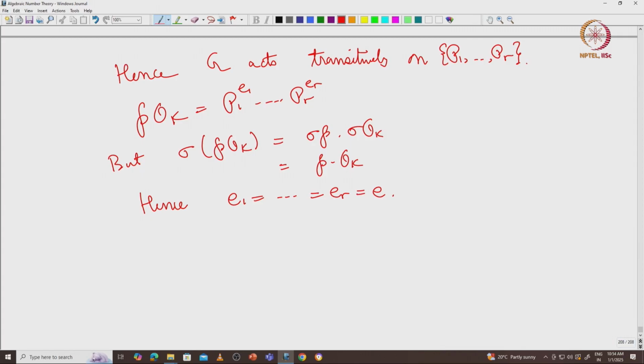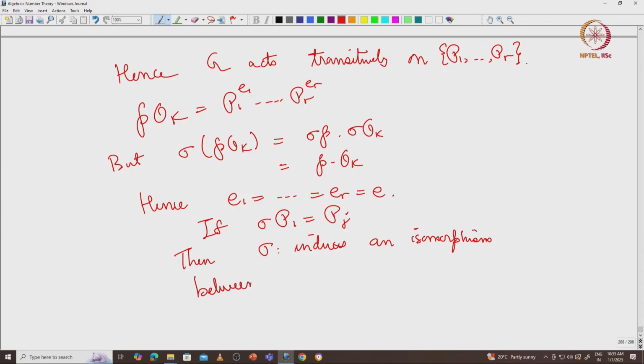Now if sigma of P1 is equal to Pj, then sigma induces an isomorphism between OK mod P1 and OK mod Pj.